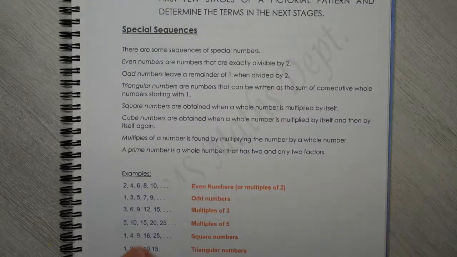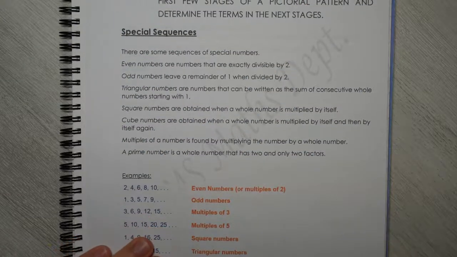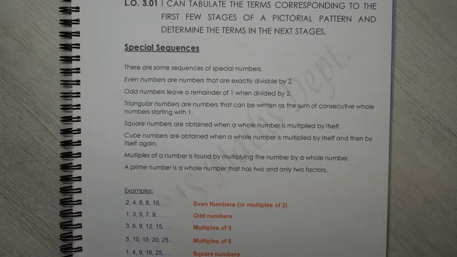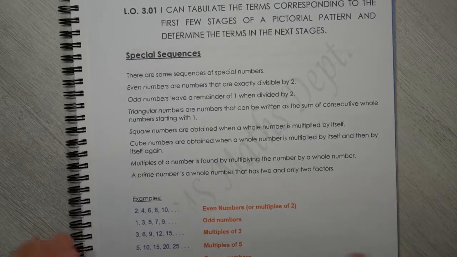So what are sequences? A sequence is a list of numbers, but they are put in a certain way, in order.